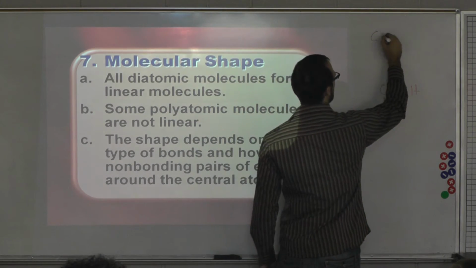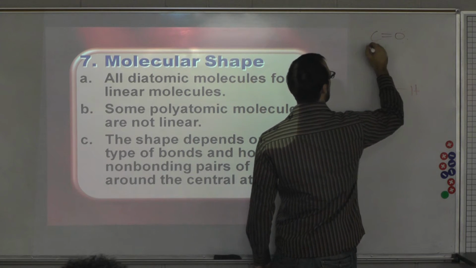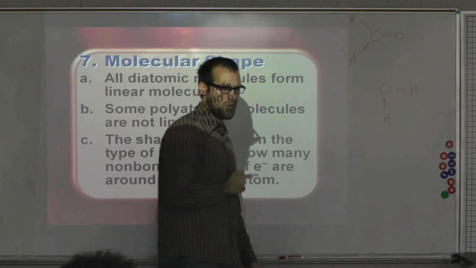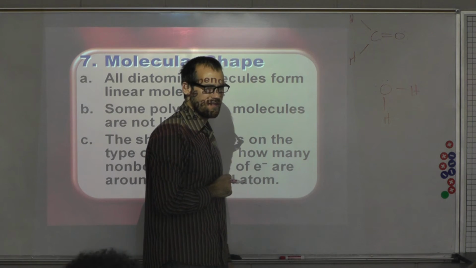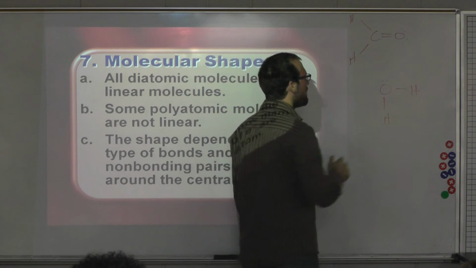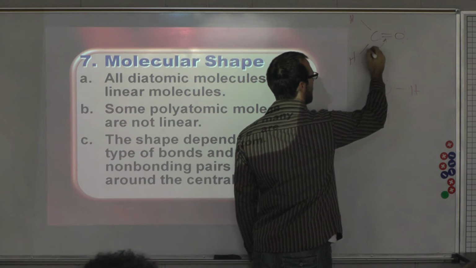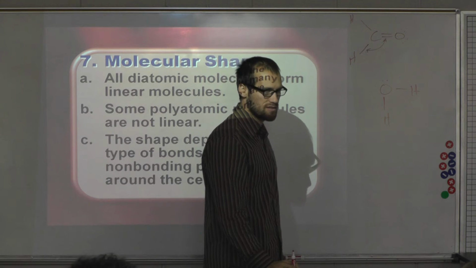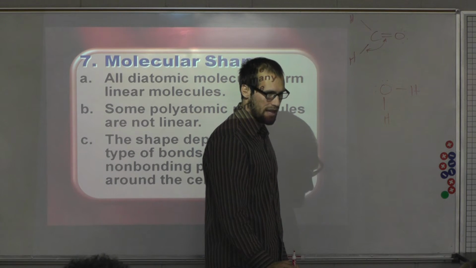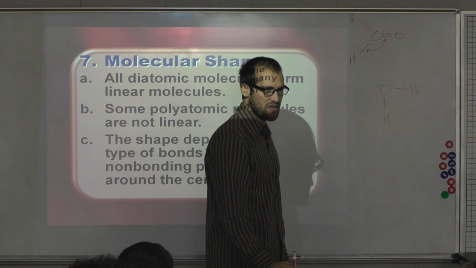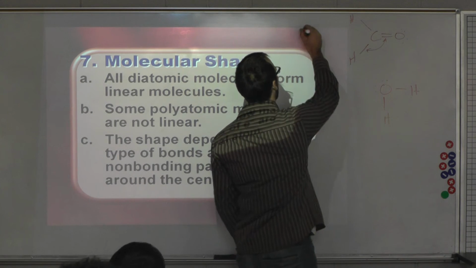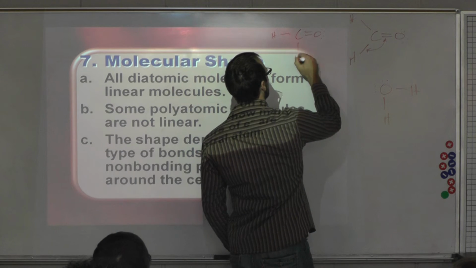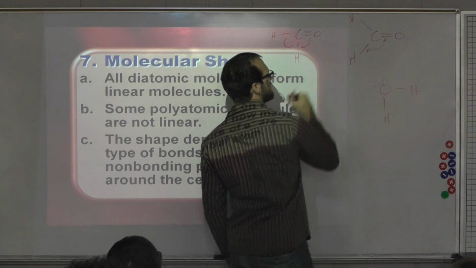But remember when I showed this and I drew them kind of goofy like that? Do you remember why I did that? Because those bonds are electrons, correct? And what do electrons do to other electrons? They push. They repel, right? So they're going to want to be as far away from each other as possible. But if I do this, do you see how there's a 90-degree angle between that and that?